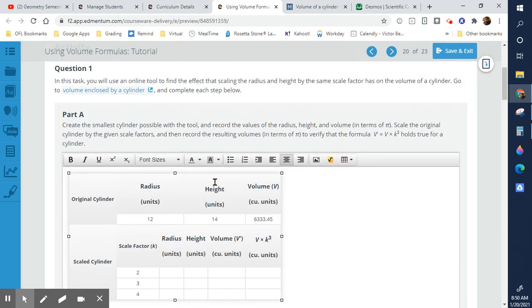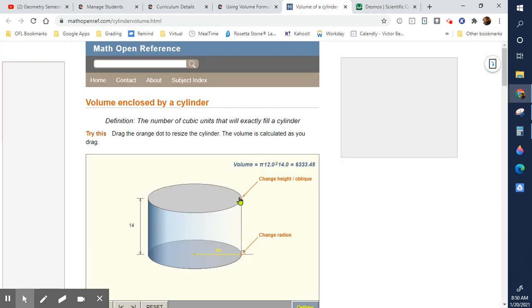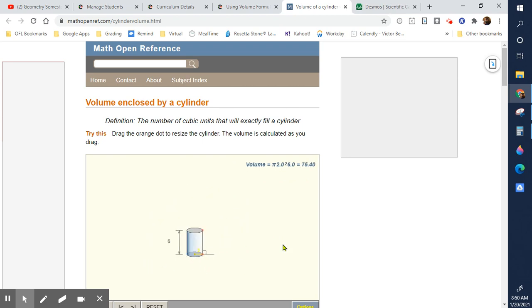So let me read this again, see what it's trying to say. Create the smallest cylinder possible with the tool. Okay, so right off the bat, I should have read the directions. We're going to create this as small as possible.